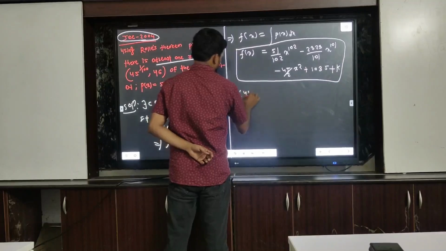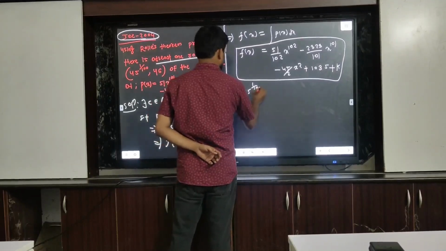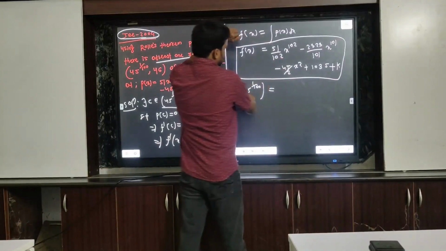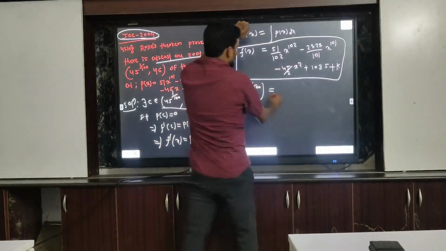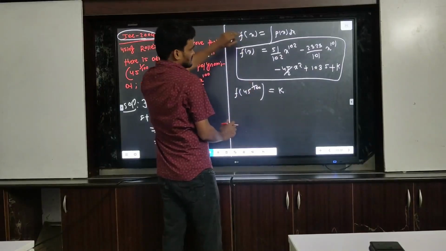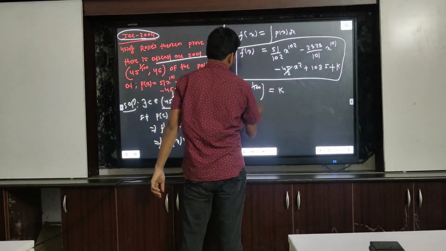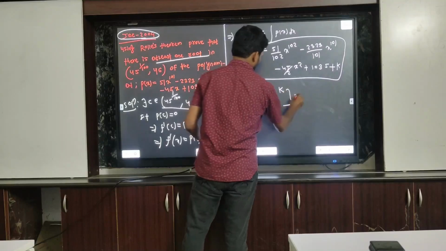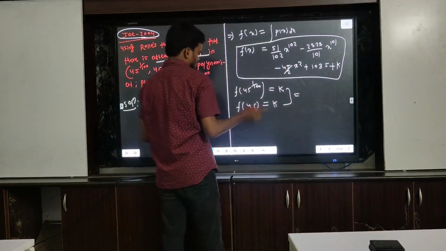At the end point, if we put the value of x as 45 to the power 1 by 100, then after some calculation we will get this k. I just skip the calculation. If you want it, leave a comment. Similarly, if we find the value of f at 46, we will get k. Both are equal, so continuity and differentiability at this point are the same. So by Rolle's theorem.